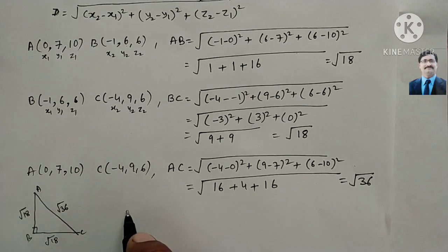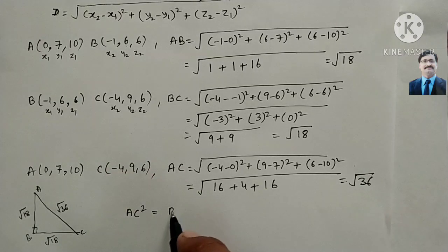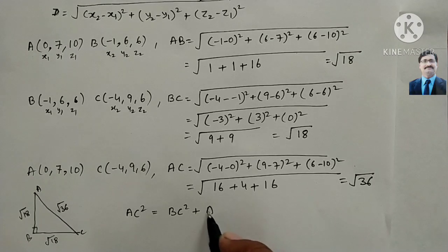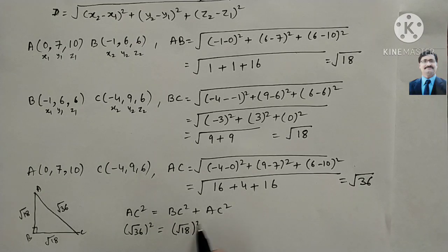So we can use here Pythagoras theorem. Pythagoras theorem means hypotenuse square. Hypotenuse is AC. AC square equal to, we can write BC square plus AB whole square. AC whole square means root 36 square we have to write, and BC is here root 18, root 18 whole square, and AB, sorry, AB square, and AB is here root 18, root 18 whole square.